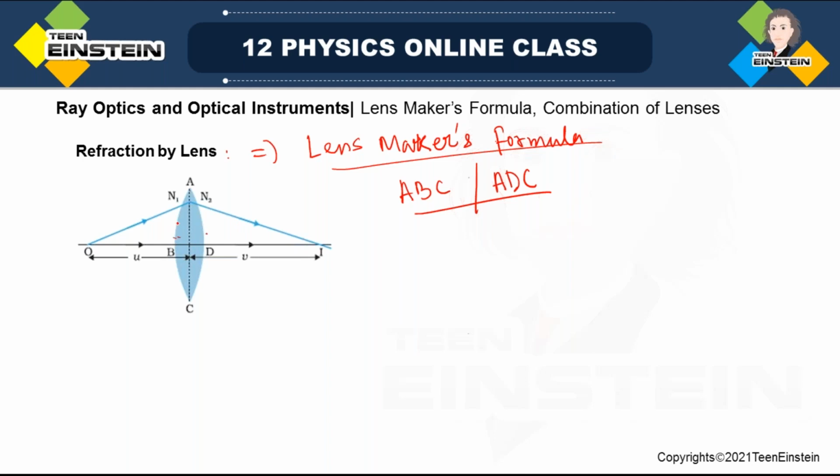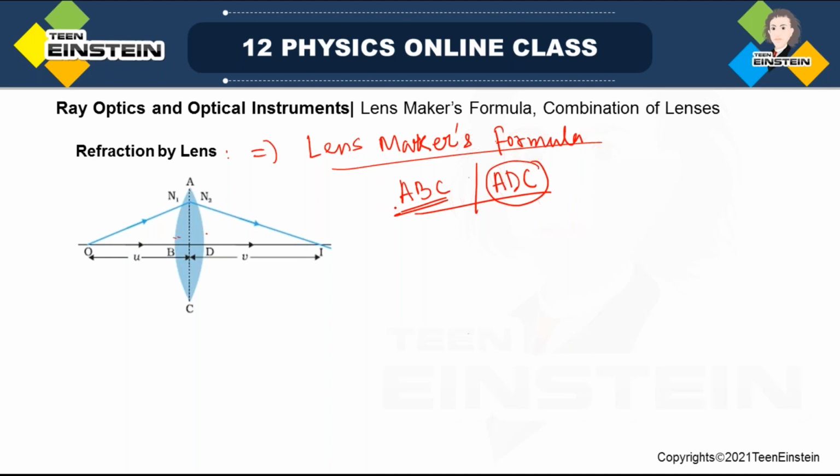So obviously you can get an idea that there will be refraction twice. Once at this ABC spherical surface, and once at this ADC interface, which also will cause the refraction of light. So I have two spherical surfaces, so there will be refraction twice.